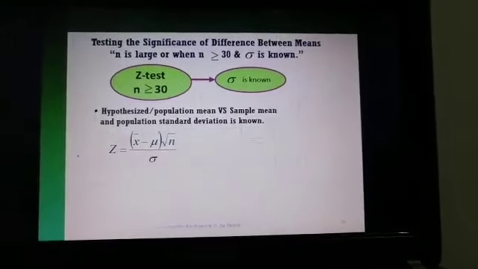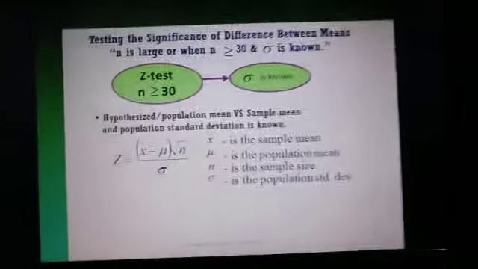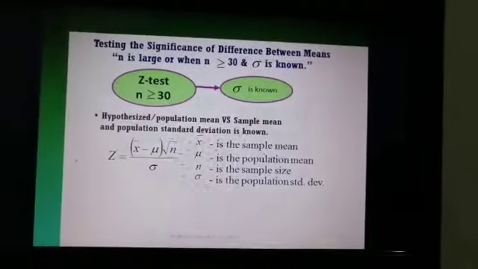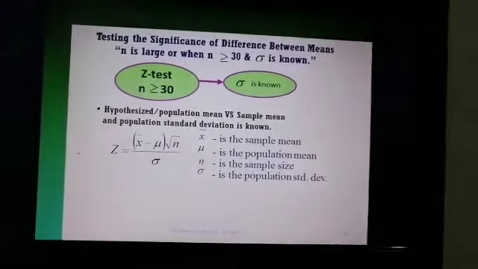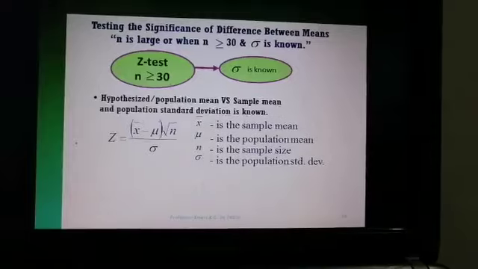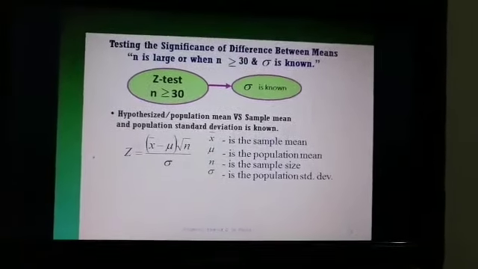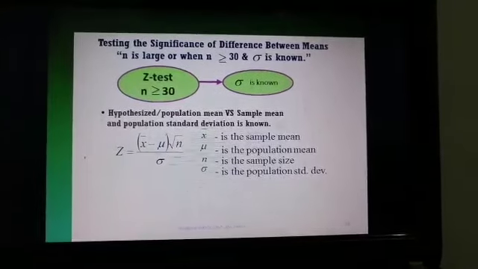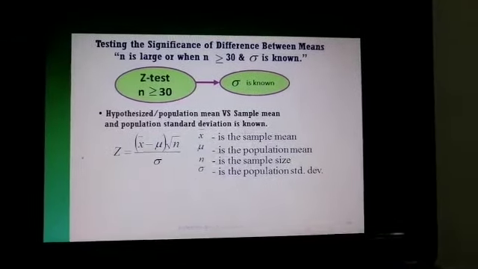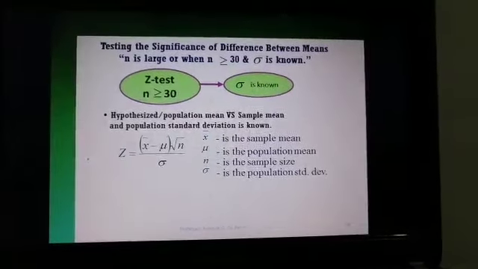So note that the following stands for the sample mean, x bar, and then mu for the population mean, and then n for the sample size, and sigma for the population standard deviation. So you're going to use this if you are comparing only one mean or one group to the population mean.